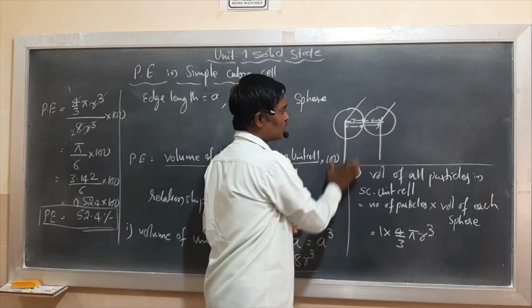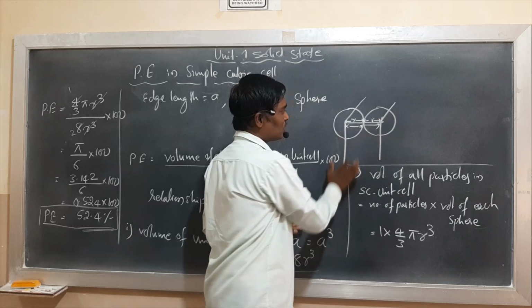Now, to calculate the relationship between A and R, let me consider a triangle ABC in which the angle C is equal to 90 degrees.